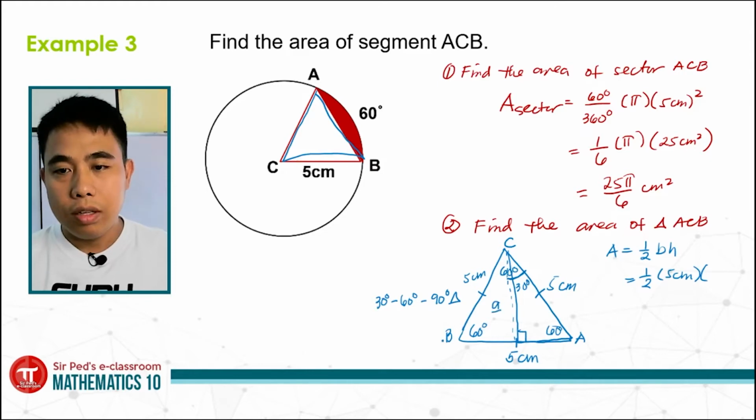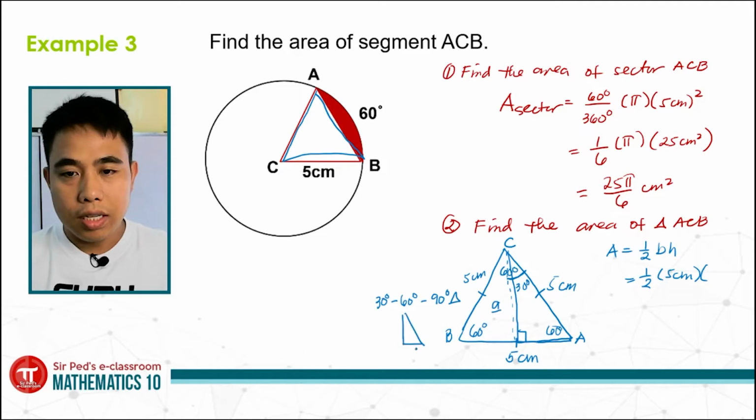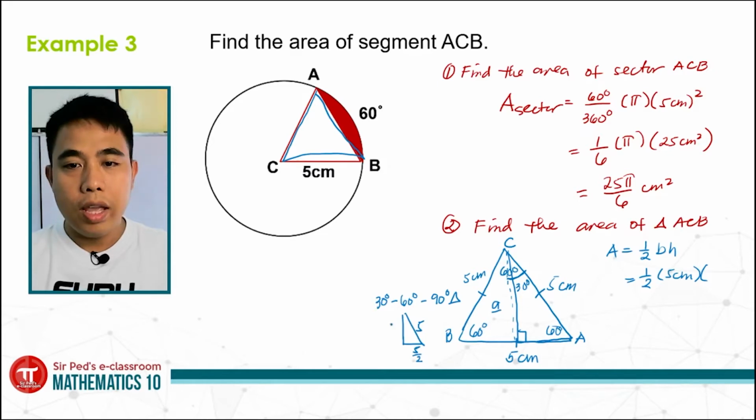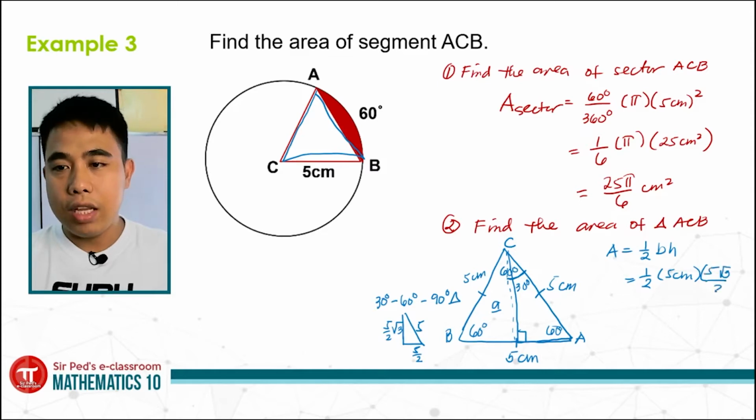Ang i-consider na lang natin na base ay eto. So kapag 5 yan, this is 5 over 2. And then the height will be 5 over 2 square root of 3. So in this case, the height is 5 square root of 3 over 2.